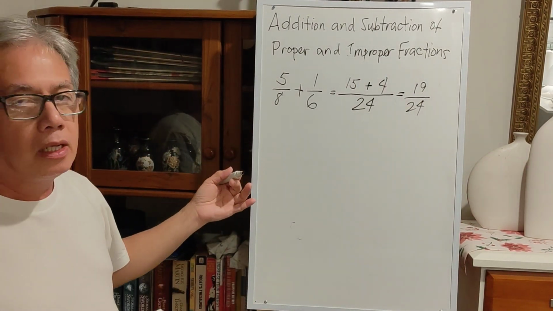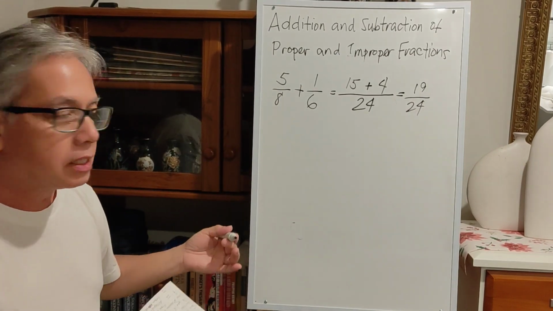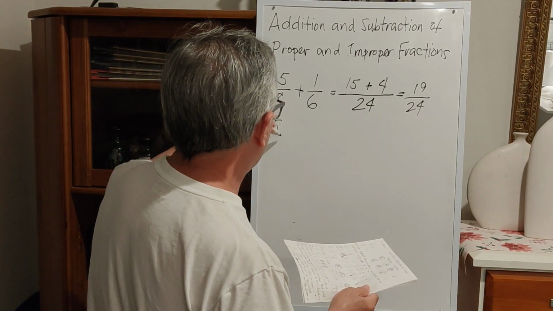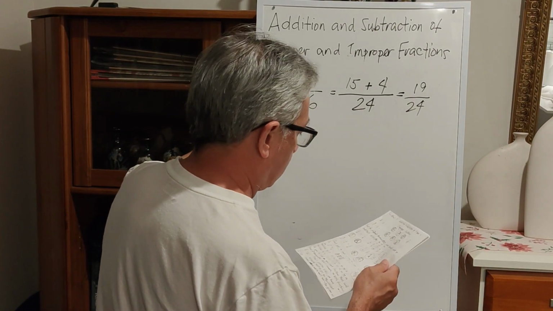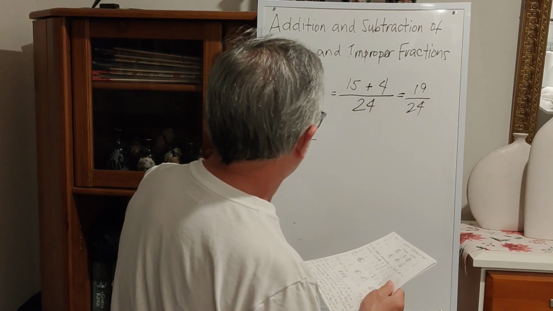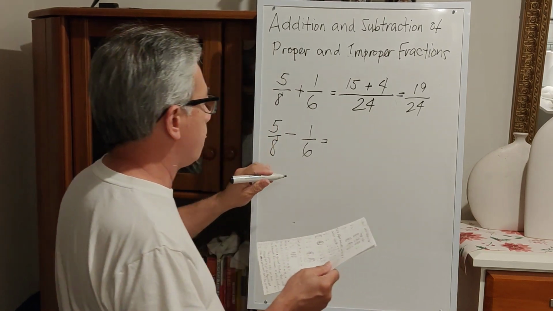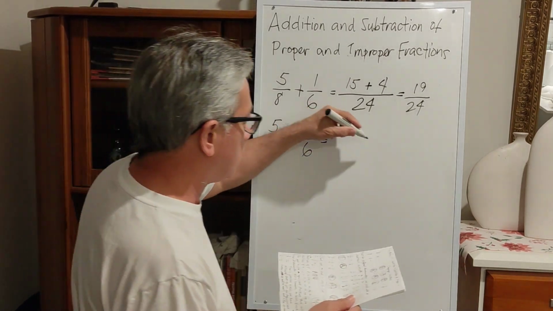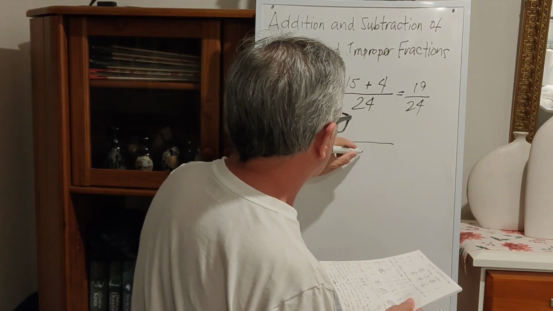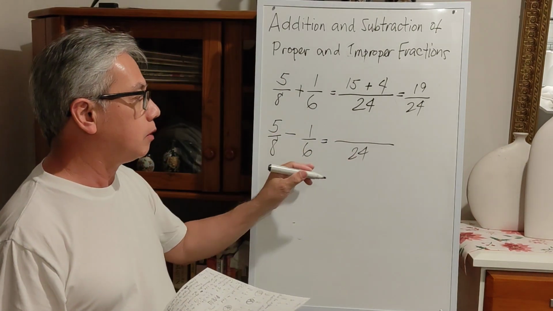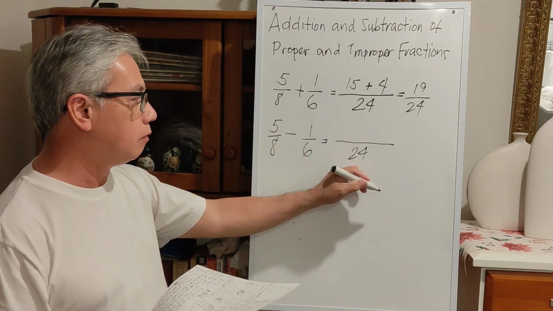In the same way, subtraction works just the same, like 5/8 minus 1/6. It's the same principle. We get the least common denominator of 8 and 6, which is 24.